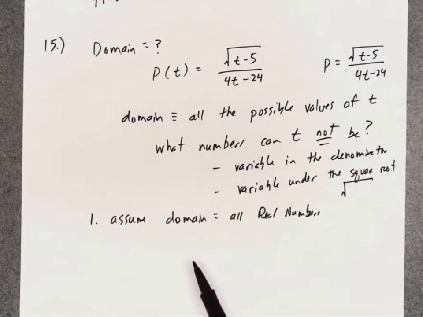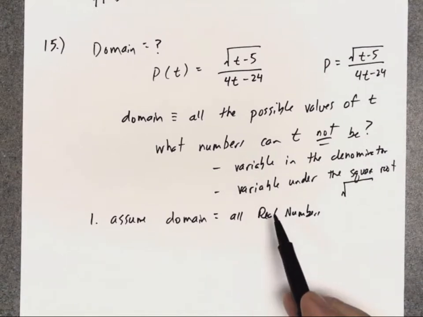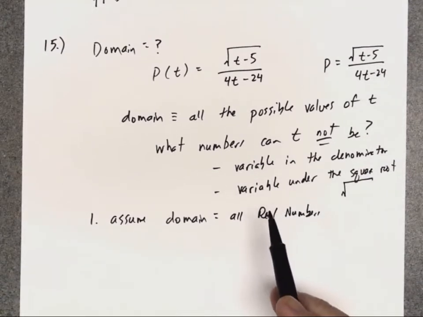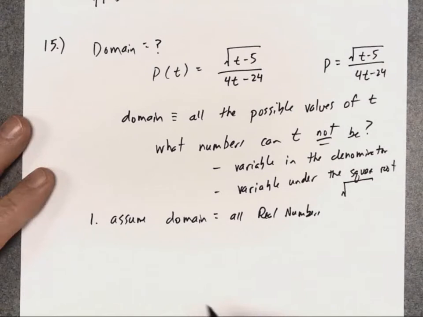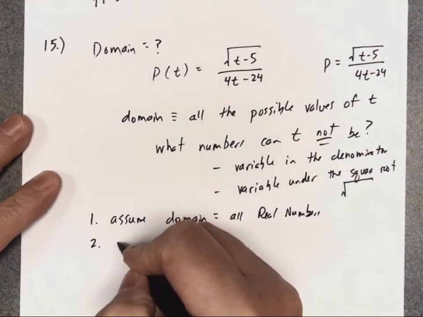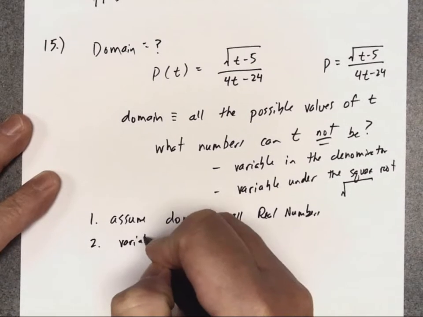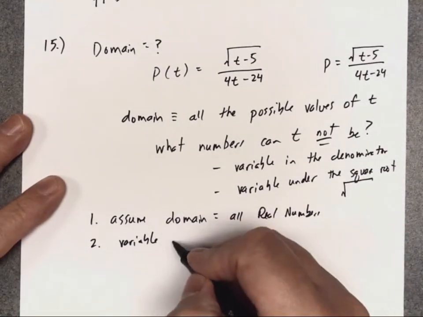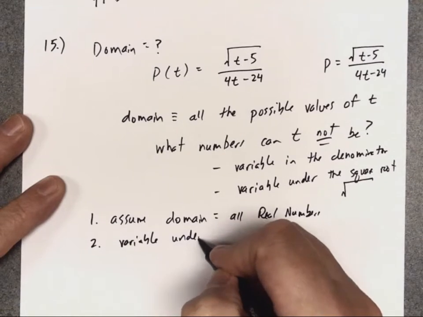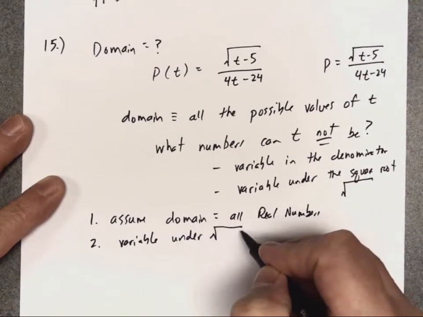And then what I'm going to do, though, is I'm going to check for my two special cases. And only two special cases. That's all I have to check for. Nothing else. Once I check those two things out, I'm done. So the first question to ask myself, the first one we need to look at: is there a variable under the square root sign?